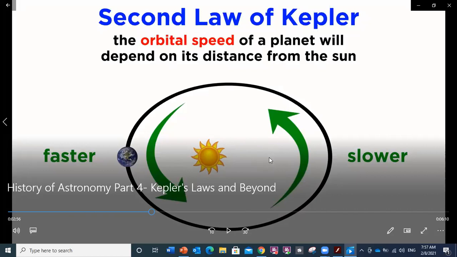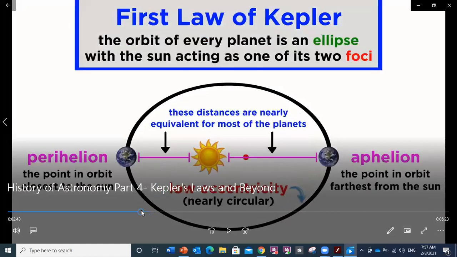The other center is here where I point, and of course, because it's not a circle, the distance between the Earth and Sun while it rotates is not going to be the same all the time, as you see here.